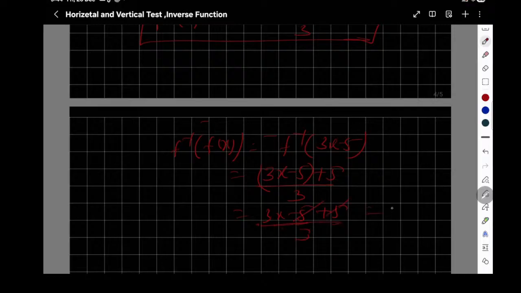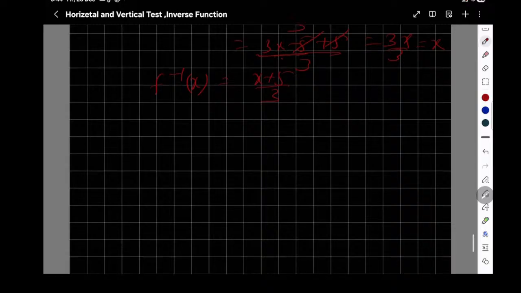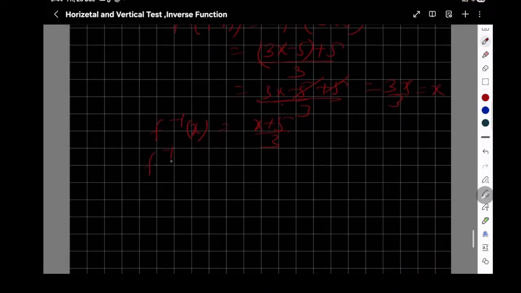The 5s cancel, so 3x over 3 equals x. Now f inverse of x is x plus 5 over 3, so f of x plus 5 over 3 is 3 times x plus 5 over 3 minus 5. The 3s cancel, so we get x plus 5 minus 5, which equals x.